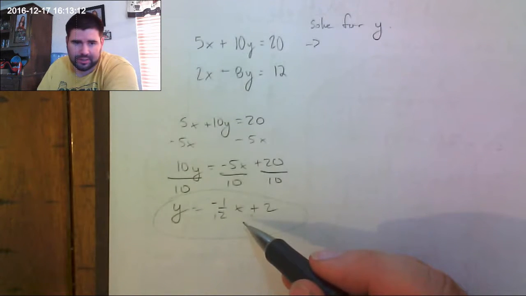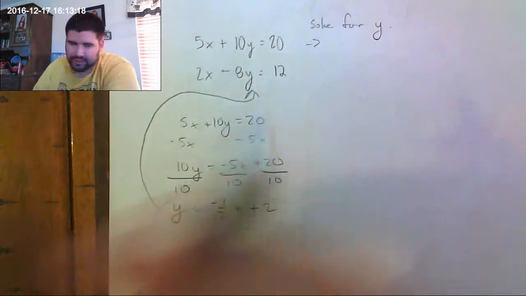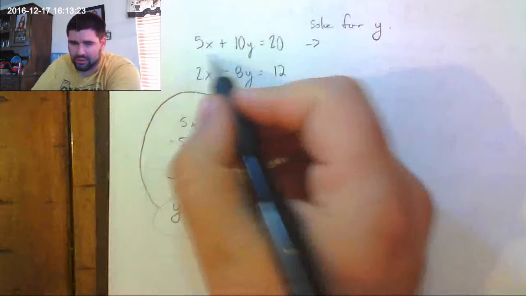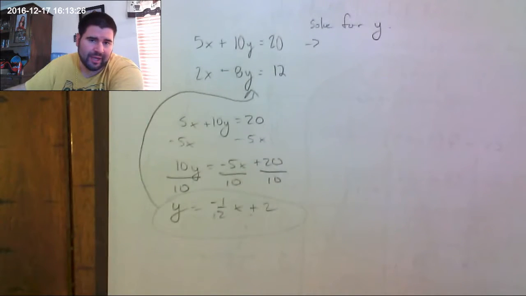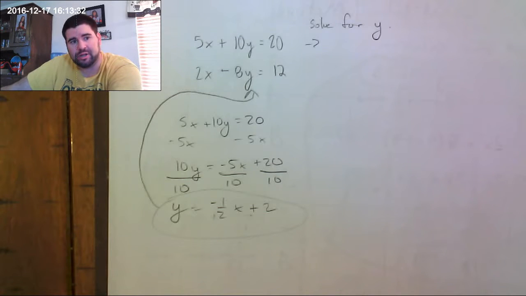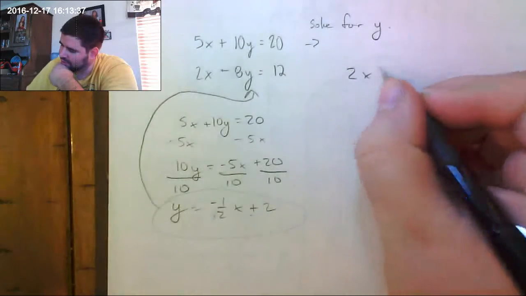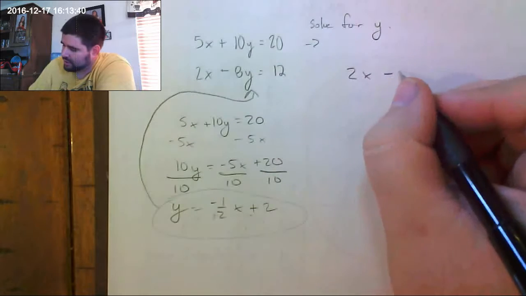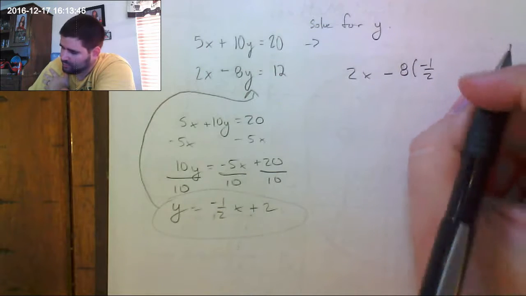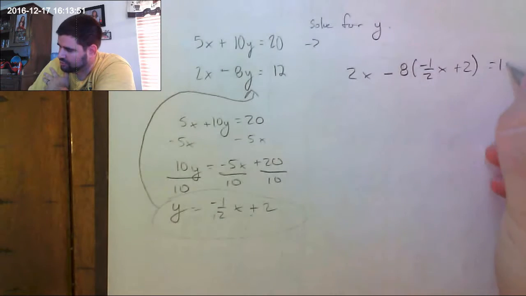Now that I got this, I need to go back and plug the y into this equation so I can solve for x. And I would not go up to this equation because I've already solved that, and that would just make me run in a big old circle. So now I just need to go about solving my business. I got 2x minus 8 plugged in the negative 1/2 x plus 2, and that equals 12.